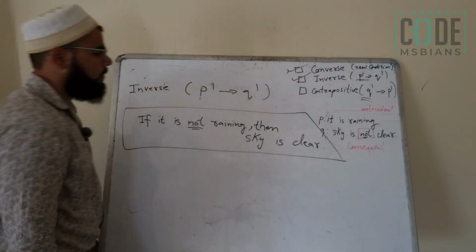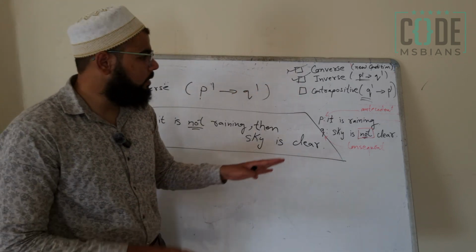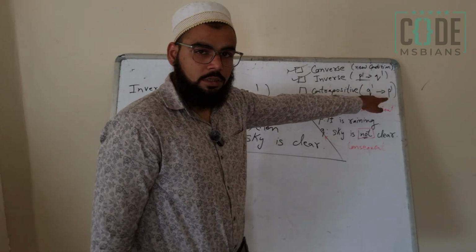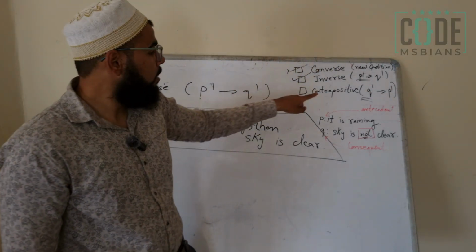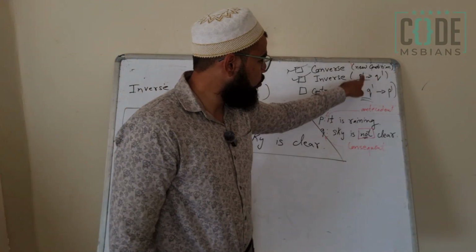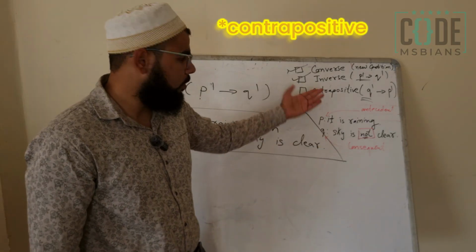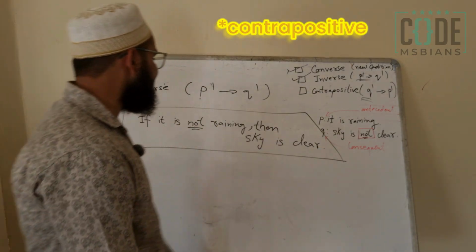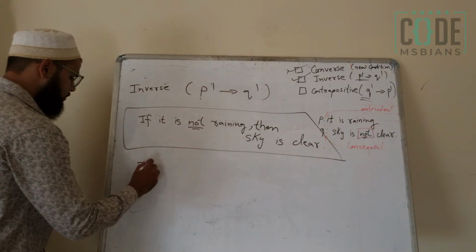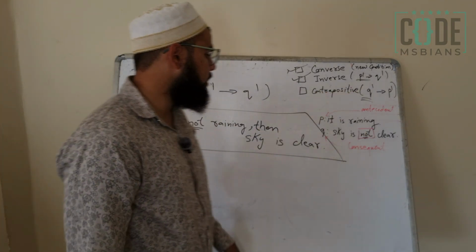So this particular statement is nothing but the inverse. Now inverse and contrapositive are not similar, but somewhat you can think like this. In converse we interchange Q and P, similarly in contrapositive we interchange and complement them. Let's try it out. What is Q? Sky is not clear. So what is Q complement?